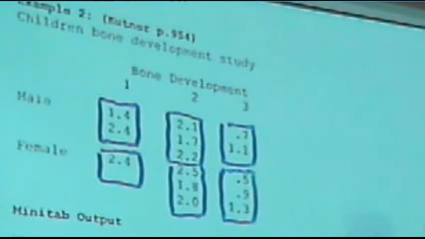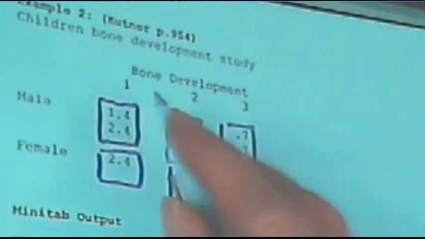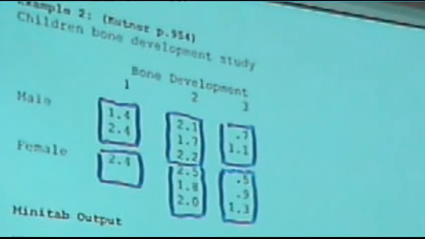Minitab output. Here's the command. Notice one line is doing the job for me: GLM. Then I further asked Minitab to do a little more. I said, I want pairwise comparisons on the factor bone. That's the column factor there. I want to use Tukey pairwise comparisons, and I don't want to do any hypothesis tests.